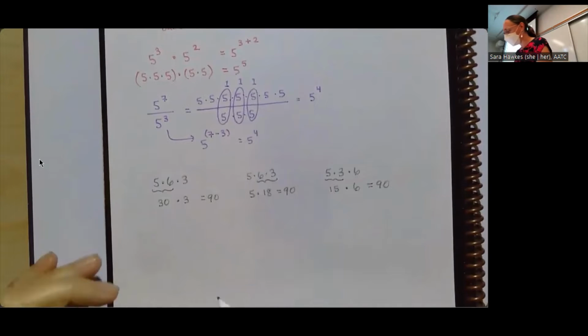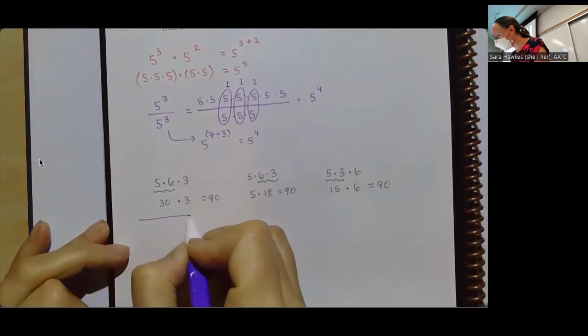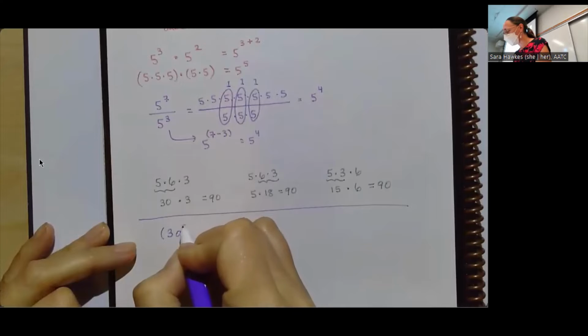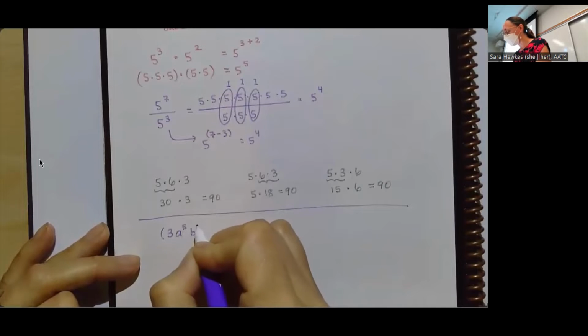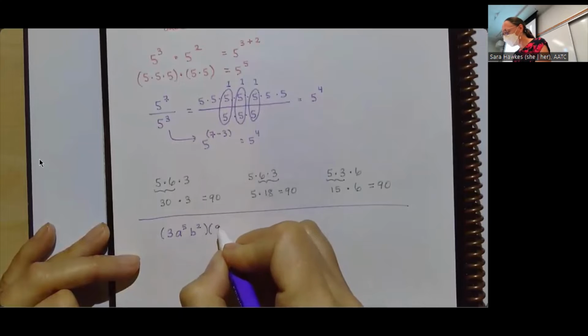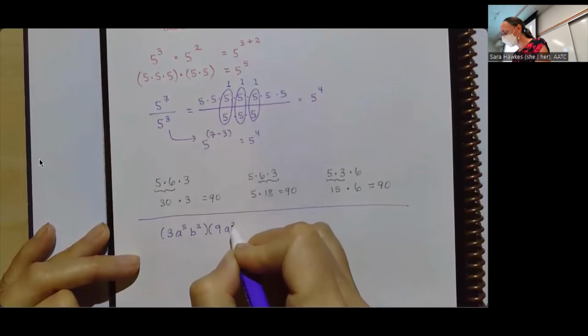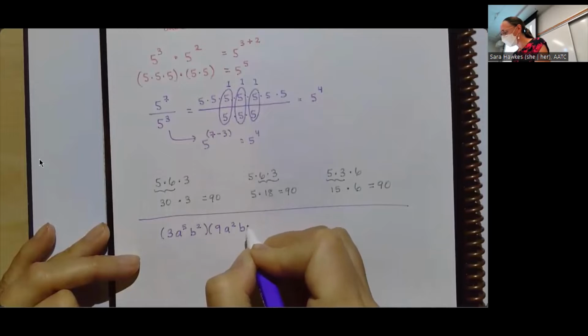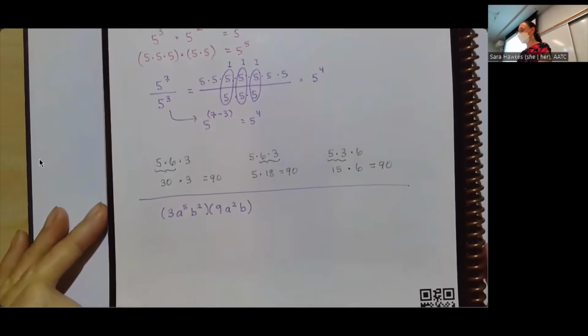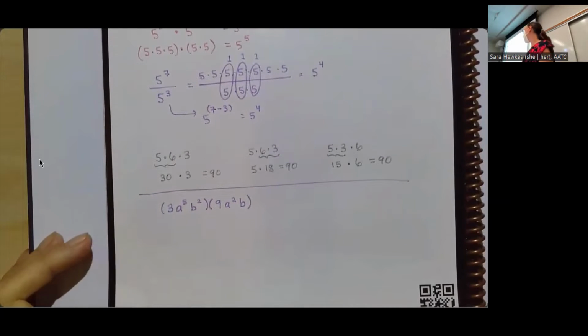Why I bring that up is when we're talking about monomials, if I have something like 3a to the 5th b squared times 9a squared b, I can choose to reorganize this so that my additive law of exponents is a little easier to pop out.